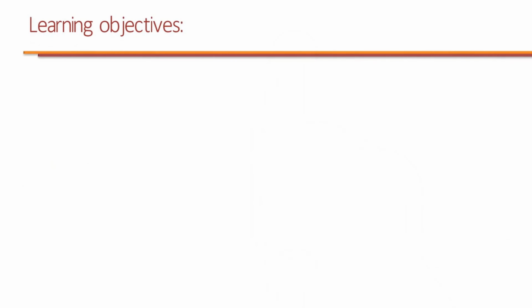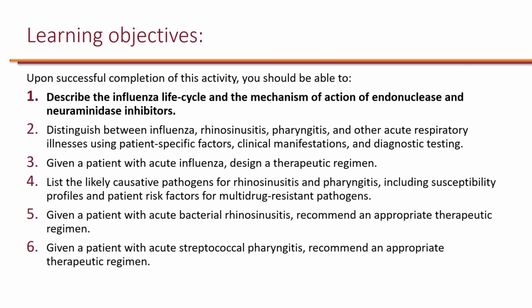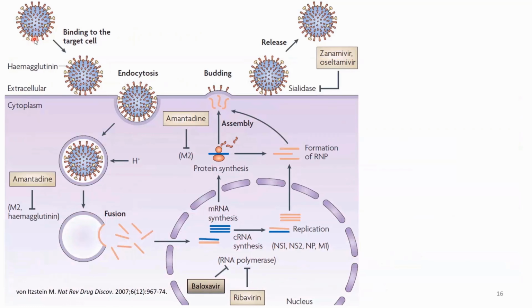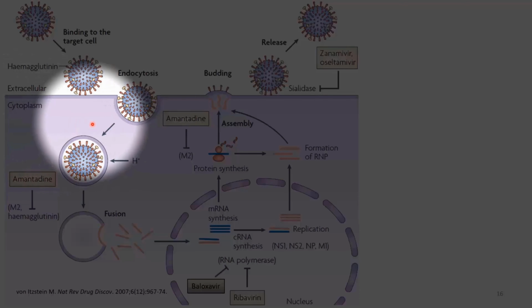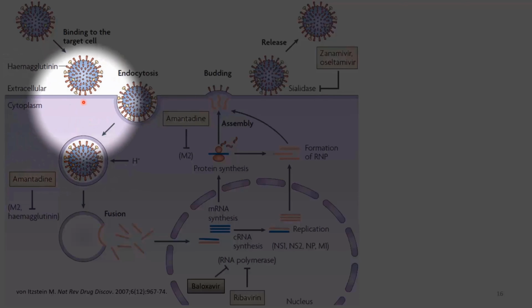The first learning objective is to describe the influenza life cycle and the mechanism of action of endonuclease and neuraminidase inhibitors. When we look at the life cycle of influenza virus, it's important to know that endothelial cells of the host have receptors that are rich in sialic acid.